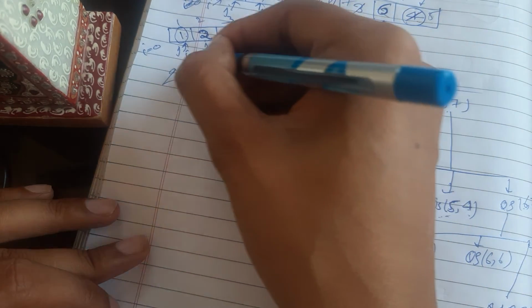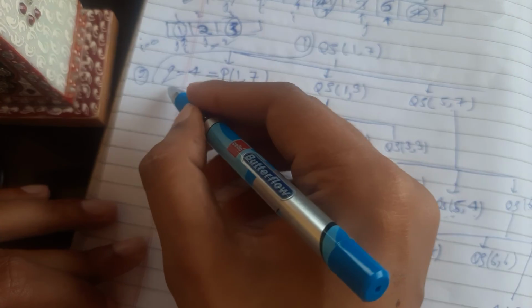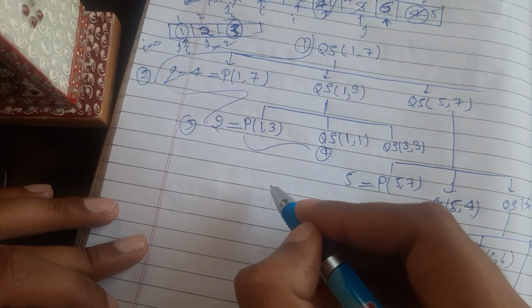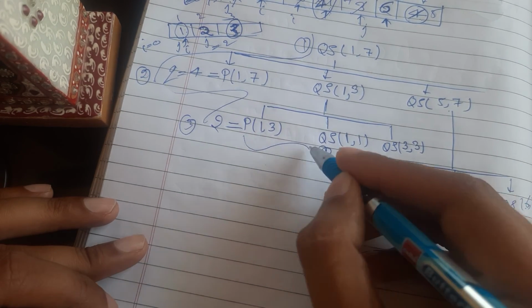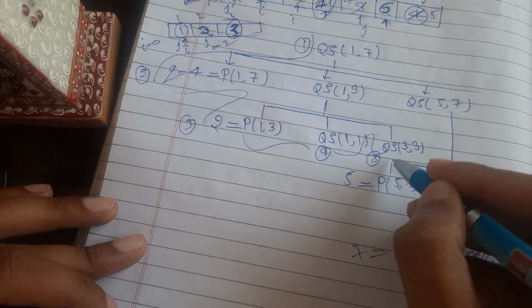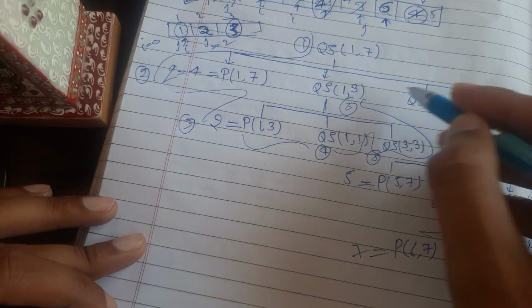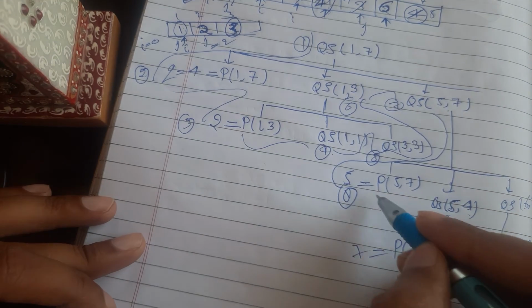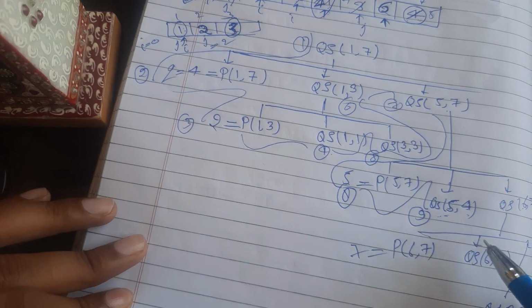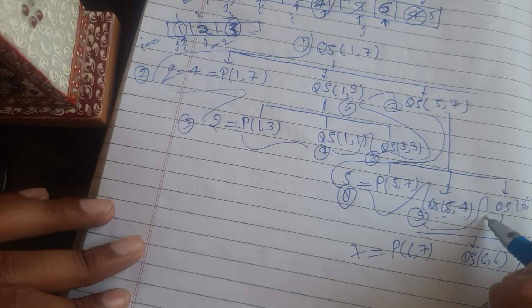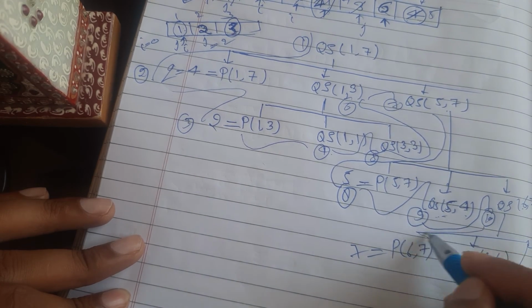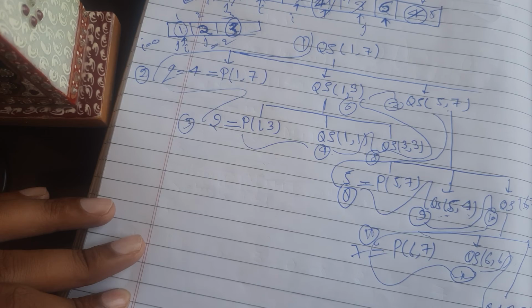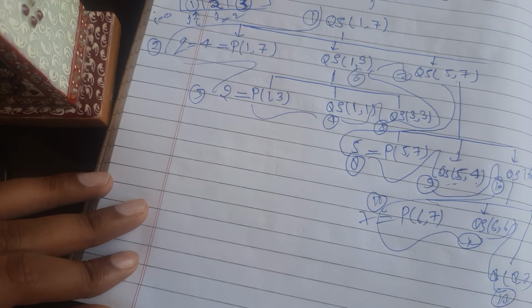First, second, third, fourth, fifth, sixth, 7, 8, 9, 10, 11, 12 and 13. So there are 13 function calls required.